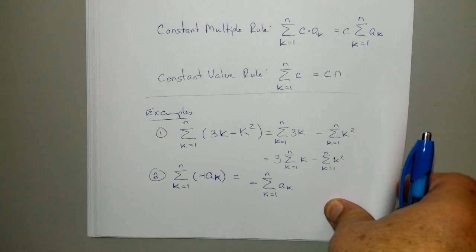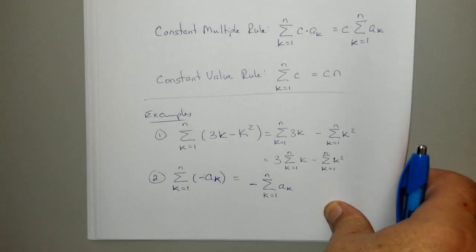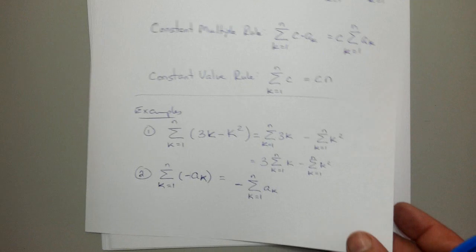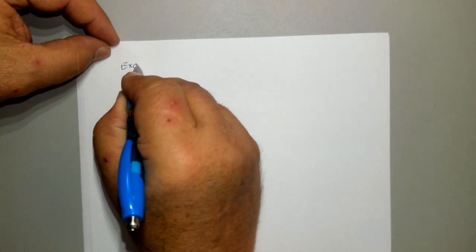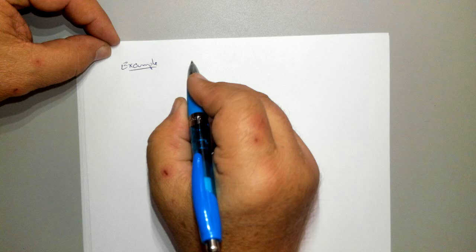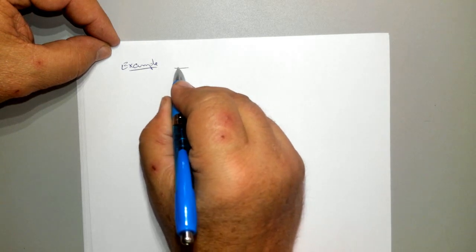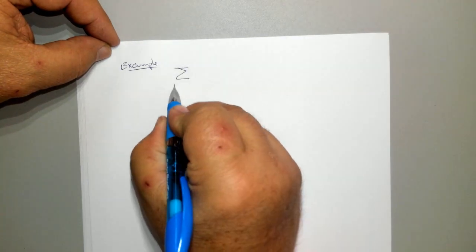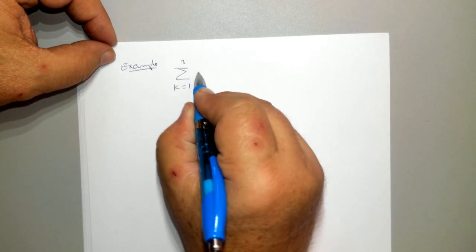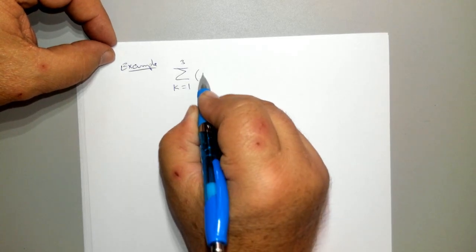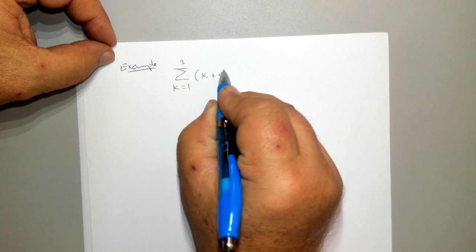Here's one that has numbers. Summation as k goes from 1 to 3 of k plus 4.